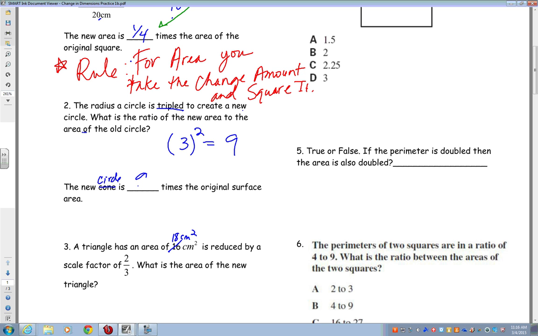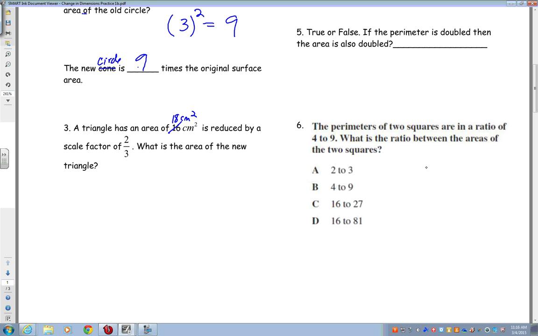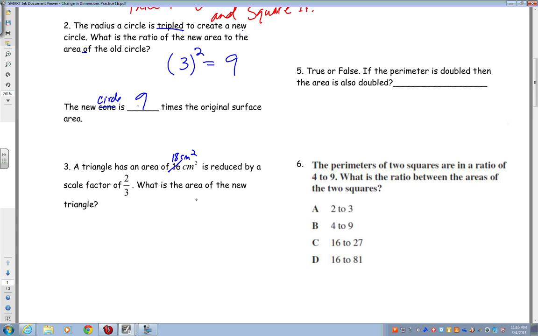So it would be 9 times the original. Yeah, 9 times the original. All right, so taking it one little step further, let's change this 16 to 18, because then it'll come out a little bit neater. You can still get an answer, but I just want it to be 9.